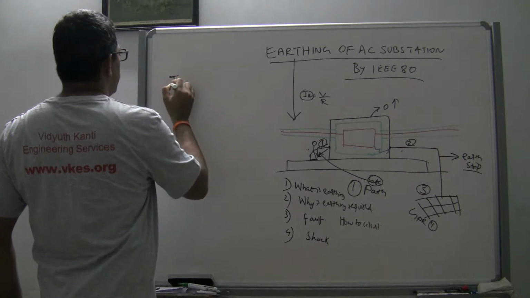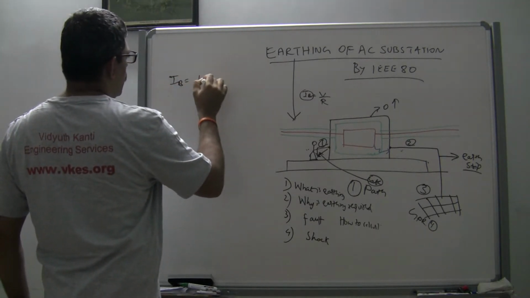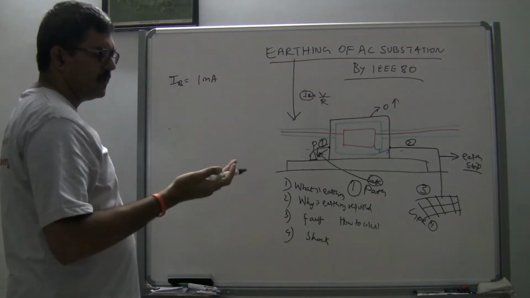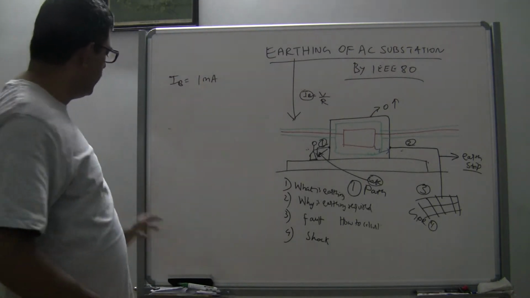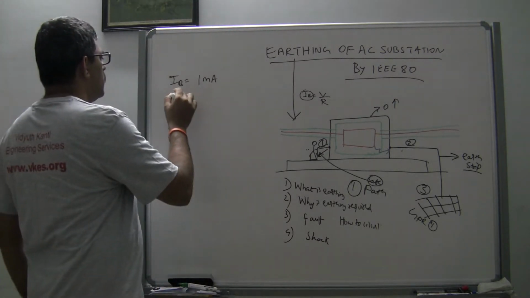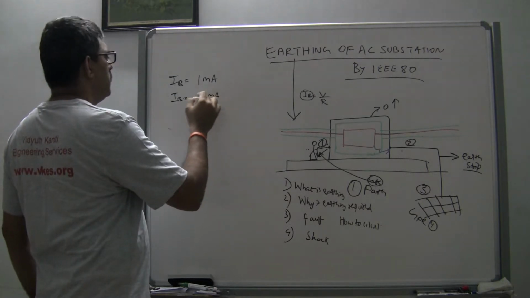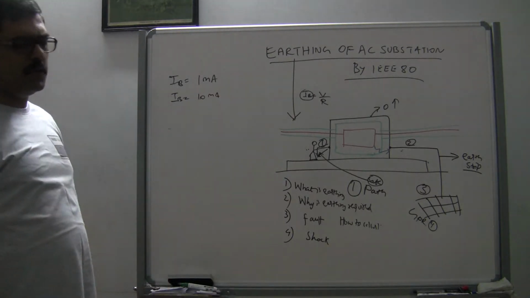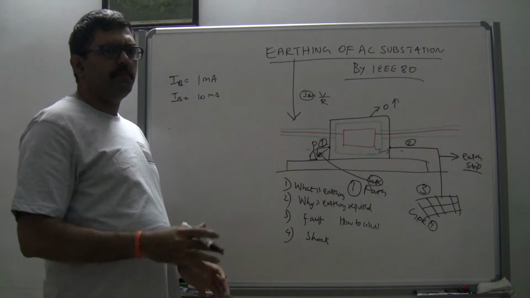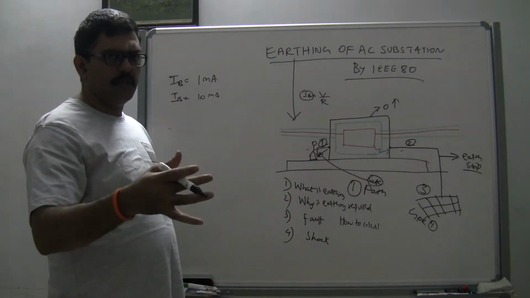For example, when the body current is very less, let's say 1 milliamp, the person will only feel some small sensation. When the body current is around 10 milliamps, maybe 6, maybe 15, something around 10 milliamps, he will feel pain and maybe he cannot lift his hand.